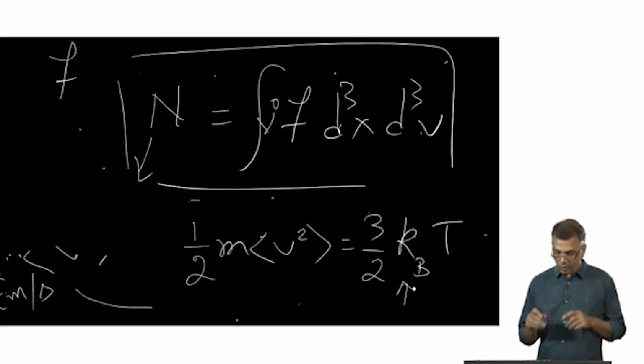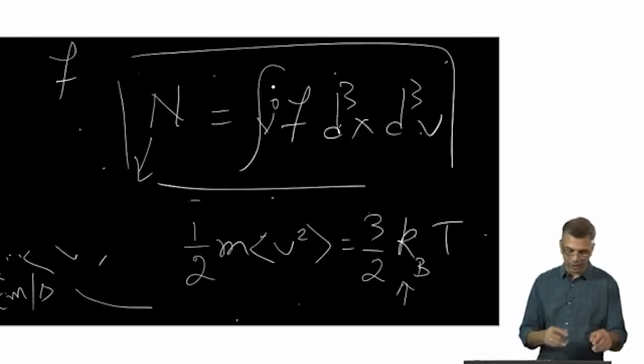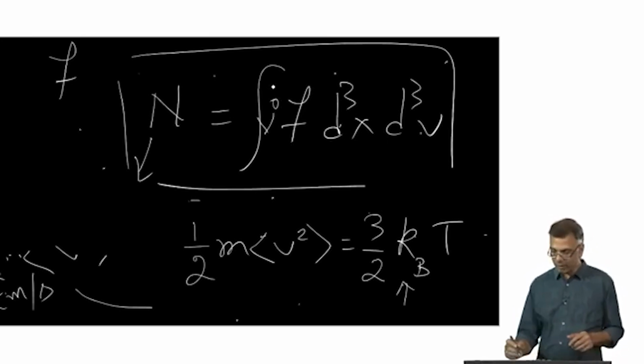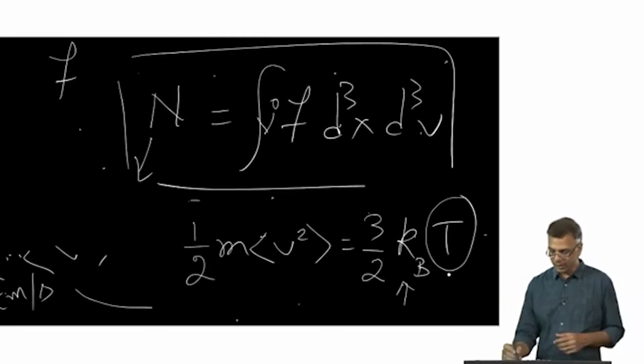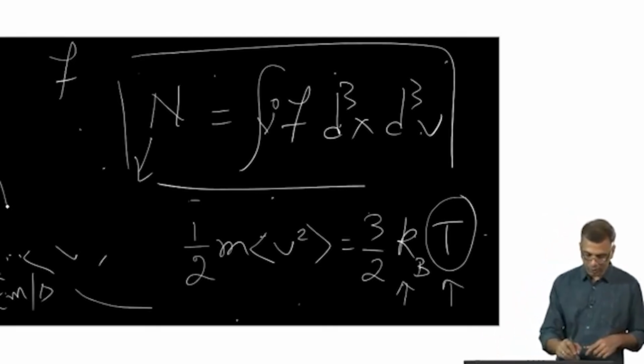So here you see, simply by altering this v raised to 0 to v squared, and of course sticking in a half m on both sides, I am able to get a macroscopic quantity that you would normally associate with a continuum of gas, such as temperature. And once I have the temperature, I can also get the pressure, P equals N k_B T.